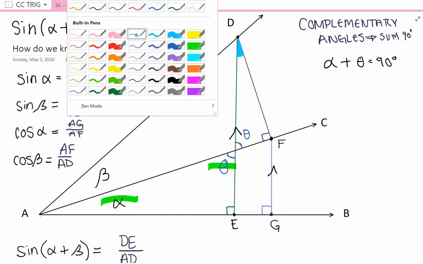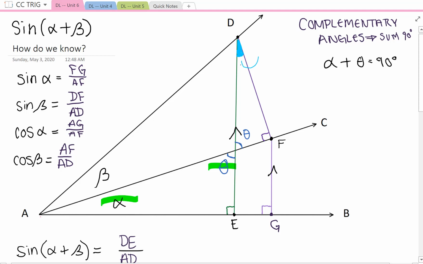So the angle that we're trying to find is this one right here. Let's call it x. Theta and x and 90 make up the angles in this triangle. So theta and x are complementary angles. Theta plus x is also 90.